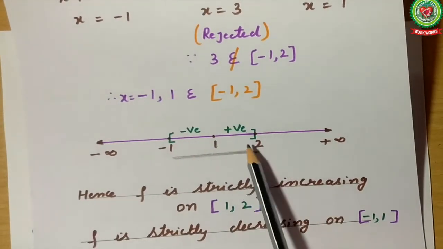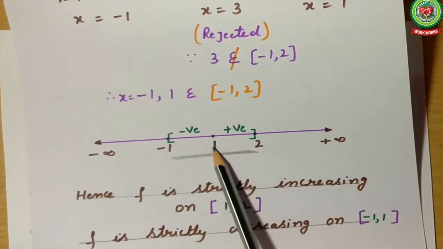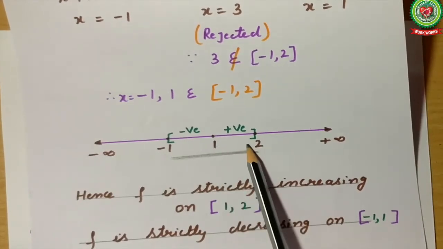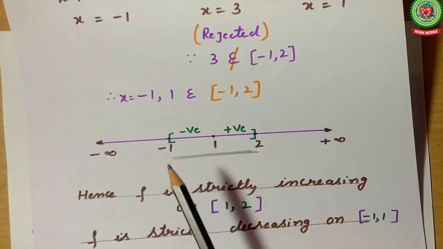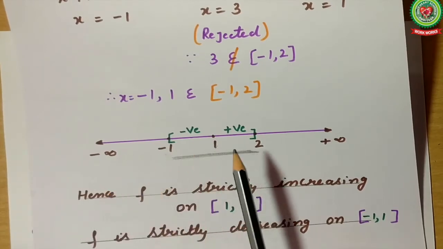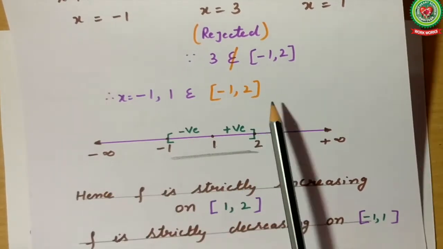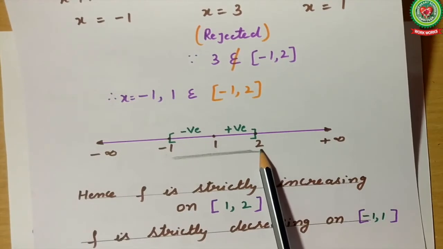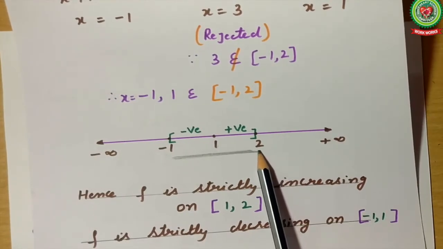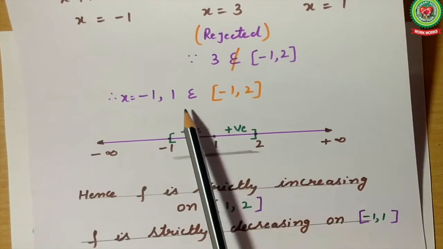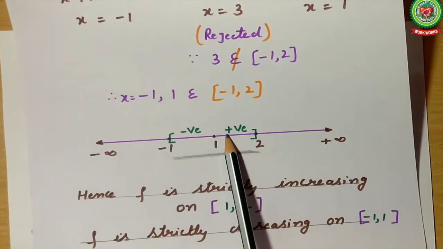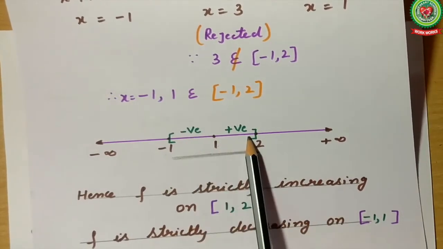Clear? Same, when we put any value in between 1 and 2, let's suppose 1.5, but since the closed interval is there, take the benefit of this value and put the value 2 there. When you put 2, you will get a positive result. Clear? Now one is negative and one is positive.